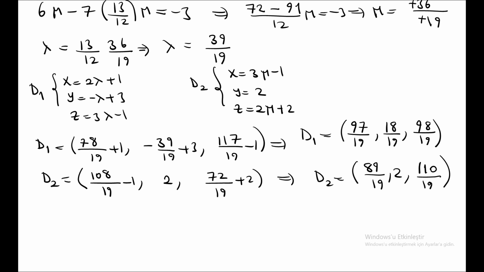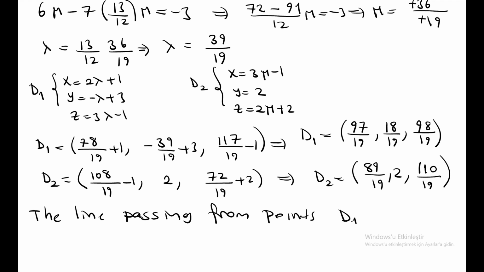And then the last step is to find the line. The line becomes the line passing through points D1 and D2.